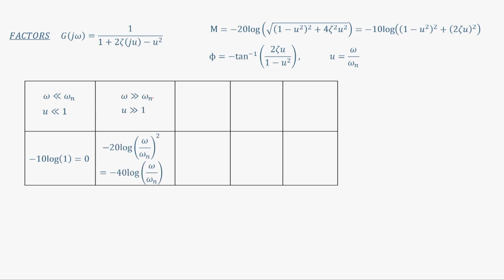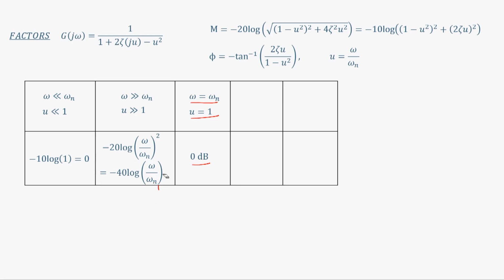So, if omega is much greater than omega n and u is quite high, in that case the magnitude will come out to be minus 20 log of u square. So, you will get minus 40 log of omega by omega n. If omega equal to omega n or u equal to 1, you will get 0 dB, because here I am replacing u equal to 1.